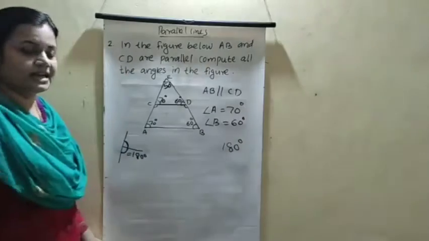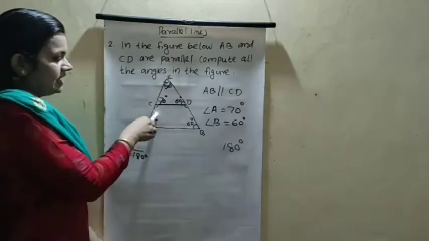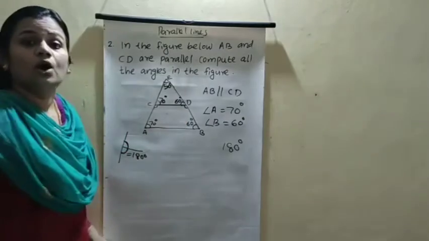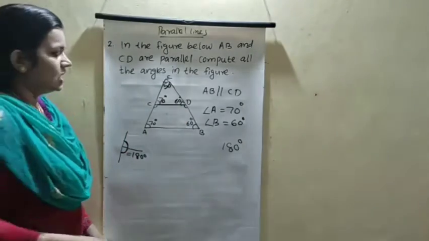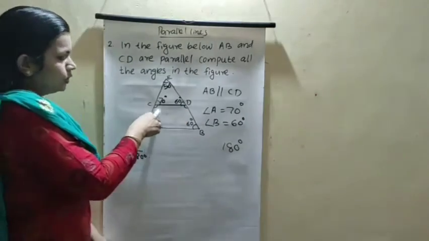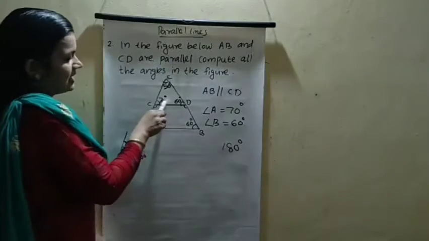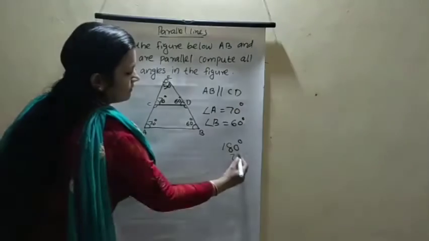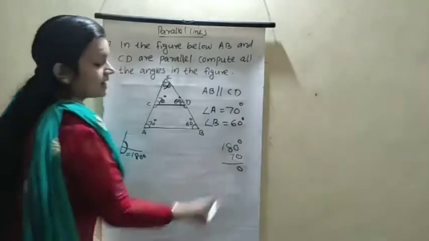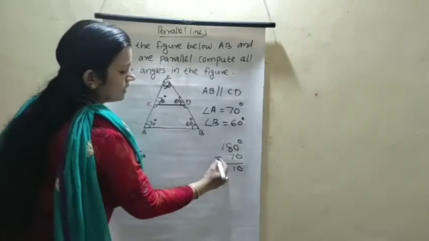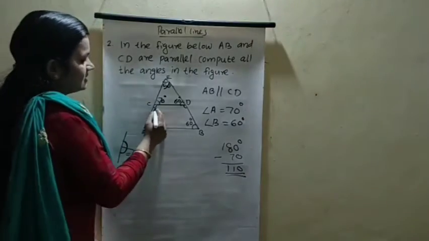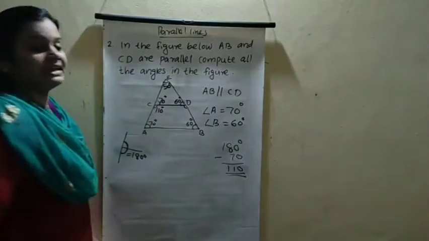We already studied that. So we can do 180 degrees minus 70, which gives 110 degrees.